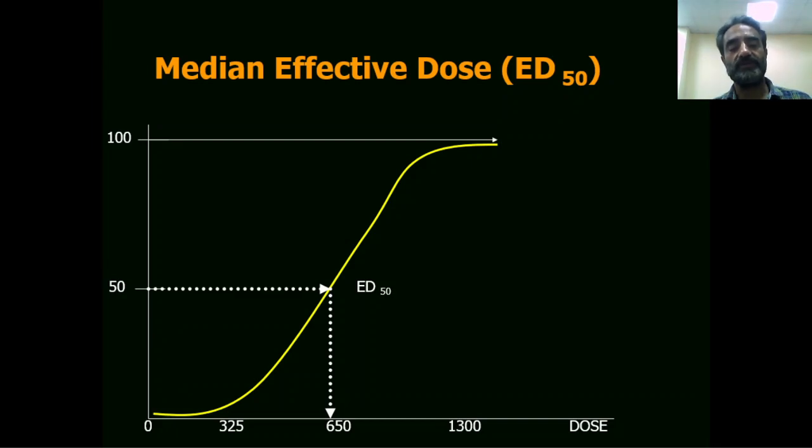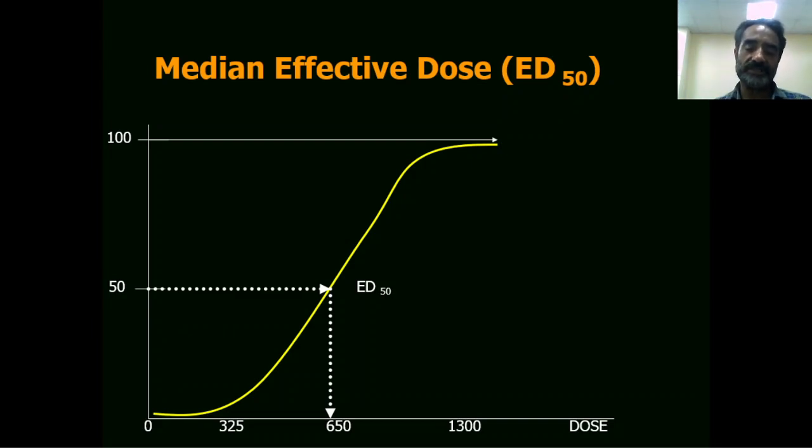So 25%, 50%, 75%, 100%. So with the changing dose, a higher number of individuals are being affected. So a higher number of individuals are showing the response that we are watching. Okay, so here you can see the plot.